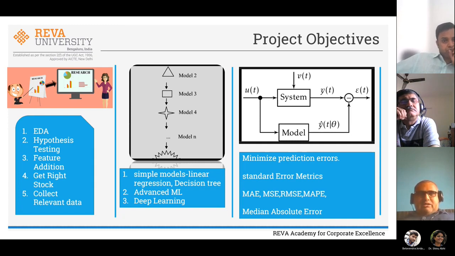Right now, the stock data set under consideration is an SDFC data set. For that we have the close price, and based on the close price we'll do some feature addition. We'll take the simple moving averages, and we'll also take the exponential moving averages, and then we'll collect the right data. Then we'll also do some feature engineering, in the sense that we'll take some lag value data.